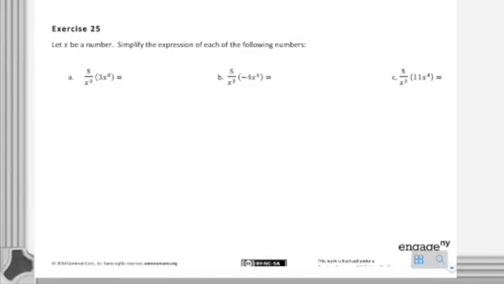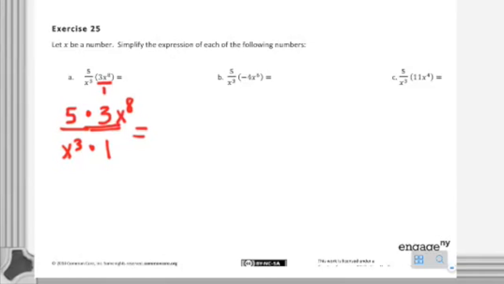All right, so looking at exercise 25 is just kind of putting things all together, and a reminder that when we have a value that's just a whole number, it's not written as a fraction, then that has a denominator of 1. So we can rewrite this as 5 over x to the third, and then times 3x to the 8th would be in the numerator, and times a 1, which doesn't really change anything, would be in the denominator.